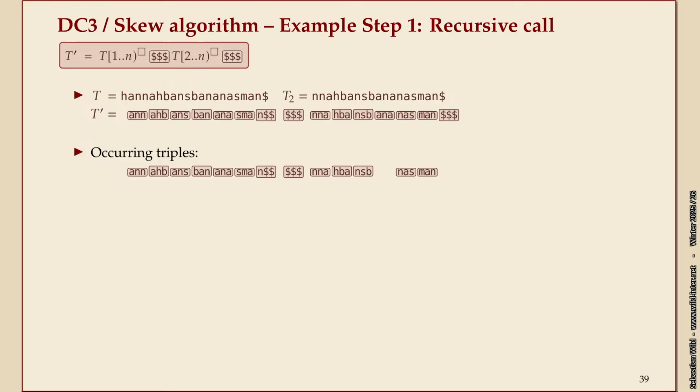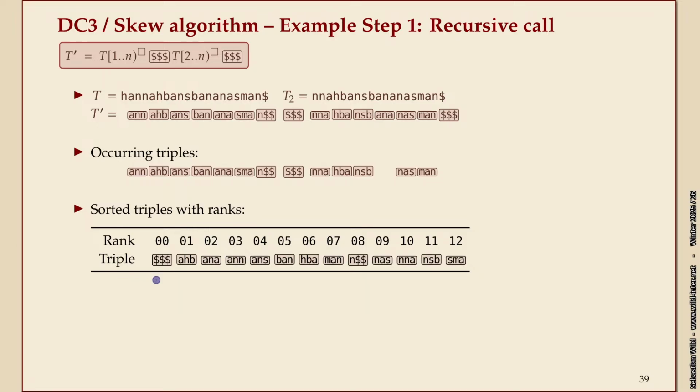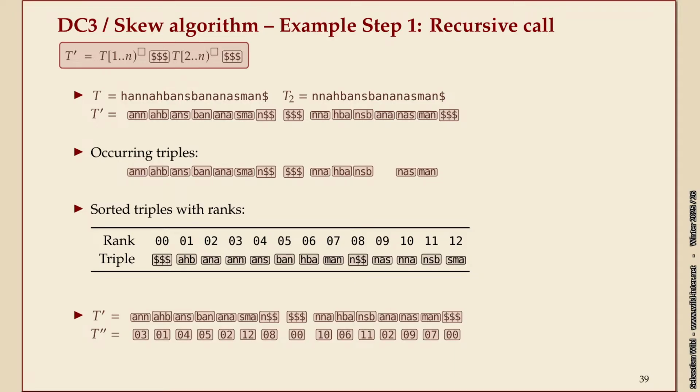Then in this small example, almost all occurring triples are unique. There's just this one here, Anna, that's repeated. But fine, so here are the triples in sorted order, and then you can replace every triple by its rank.